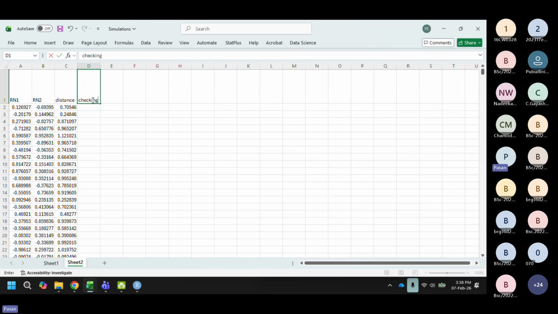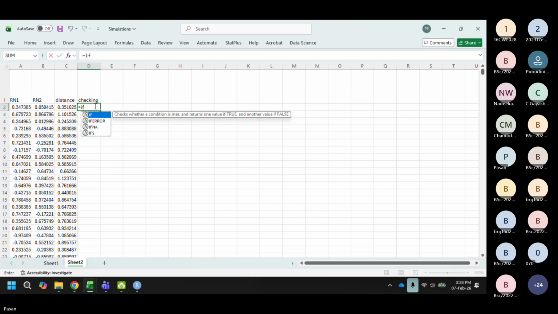We will check the condition: if it is less than or equal to 1, so if it is inside, I can output 1, and otherwise I can output 0, right?